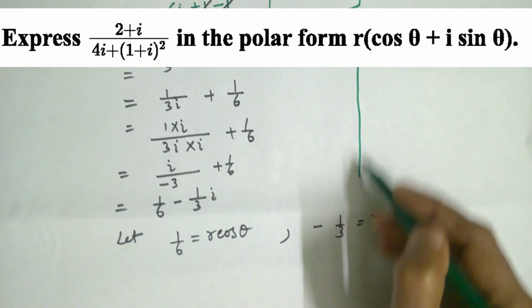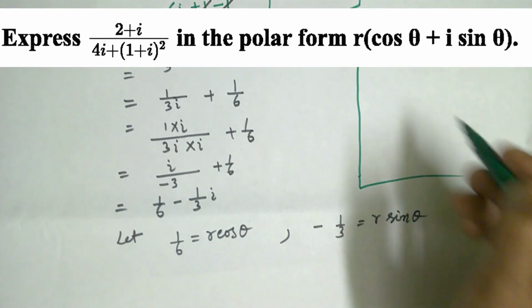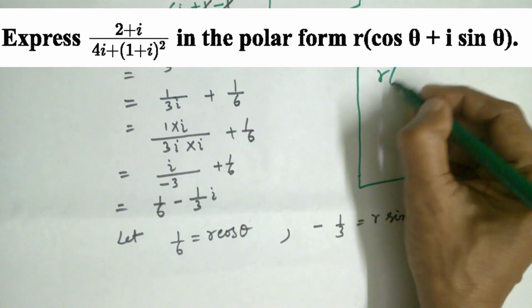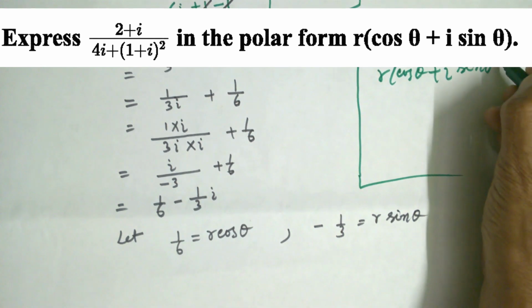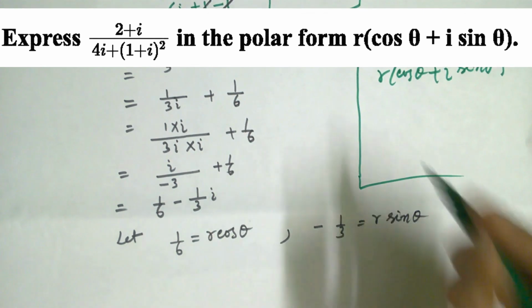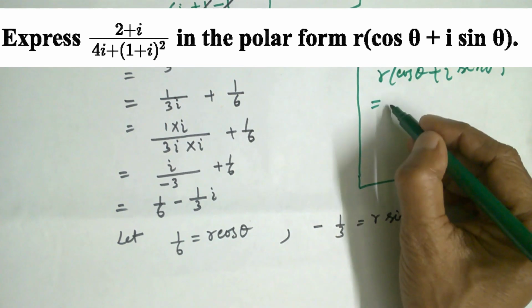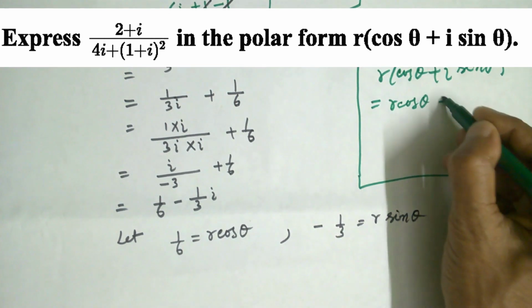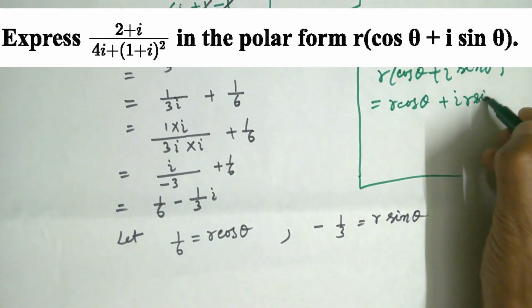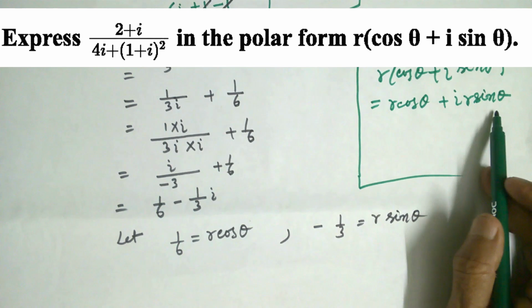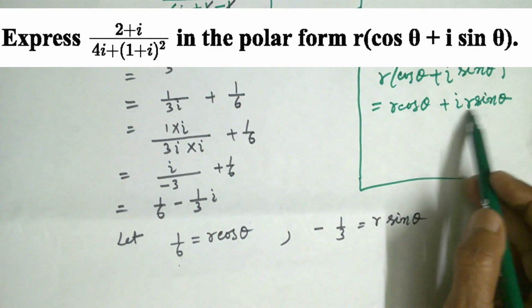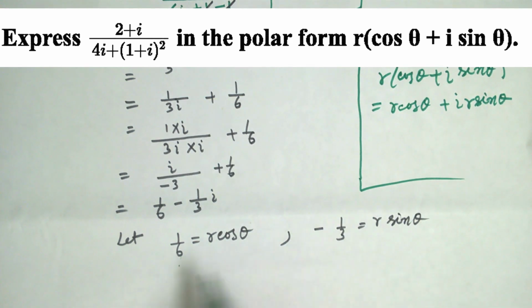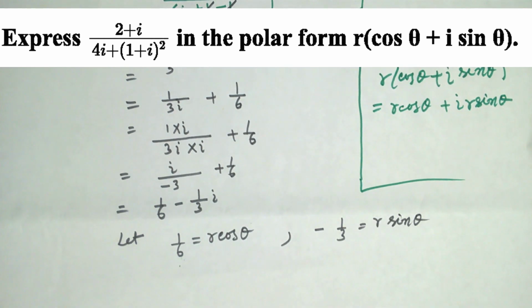Explaining here, we have to express it in the form r(cos θ + i sin θ). If we multiply out r cos θ plus i r sin θ and compare with this, r cos θ is equal to 1 by 6, r sin θ is equal to minus 1/3.